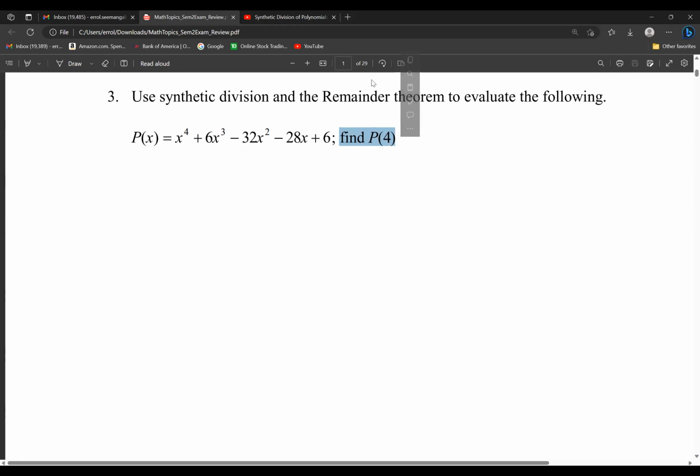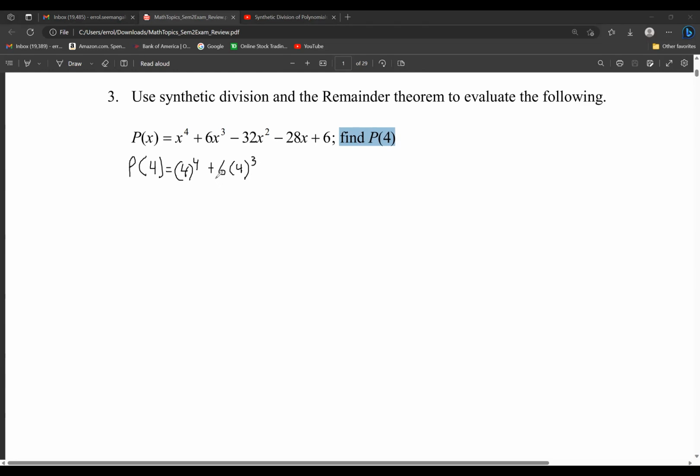Do we multiply 4 or distribute 4 to the rest? Not distribute 4, but we're going to plug 4 in to find P of 4. So that's going to be 4 to the power of 4 plus 6 times 4 to the 3.